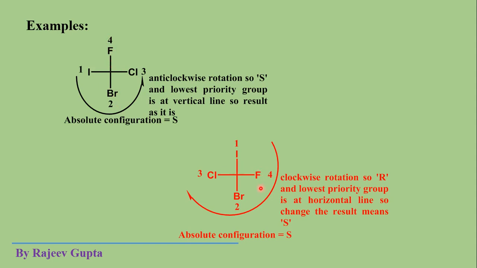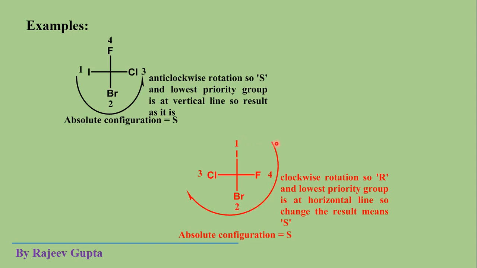Consider this example where the fourth number atom is present on the horizontal line. According to the chirality rule we will move 1 to 2 and 2 to 3. Here we will not see the fourth number, we only see 1, 2 and 3. We cannot move in this direction because after 1 we would get 3, but after 1 we should get 2.